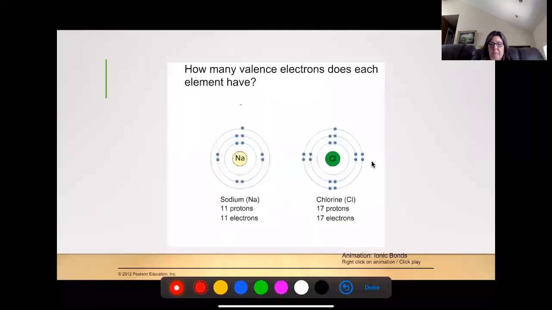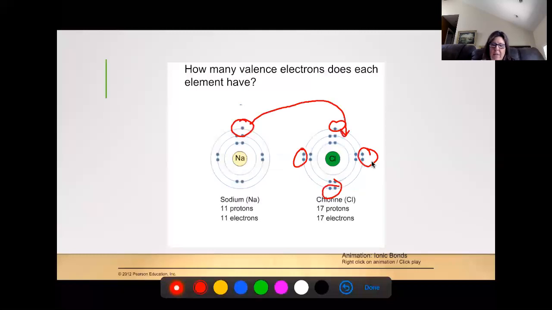So for example, we have sodium with 1 valence electron, right? Out in the outer orbital, or I should say electron shell, or energy level. Chlorine has 2, 4, 6, 7, all right? So again, we're going to try to transfer that over.